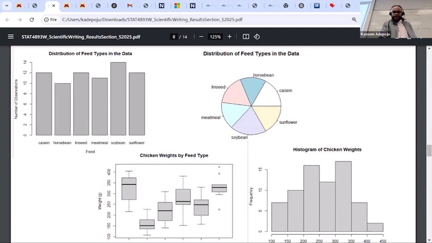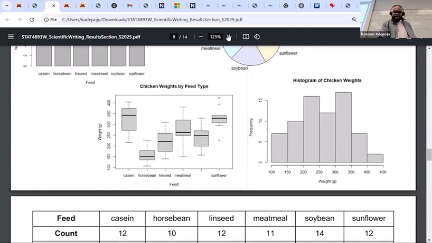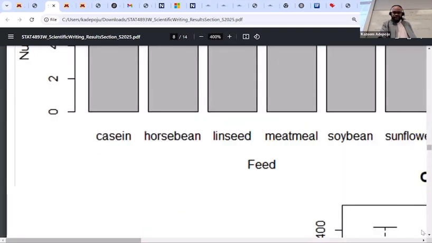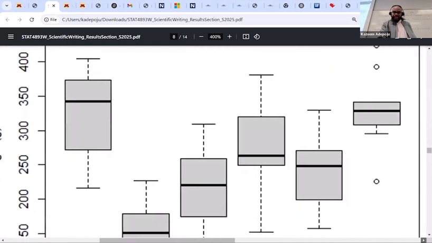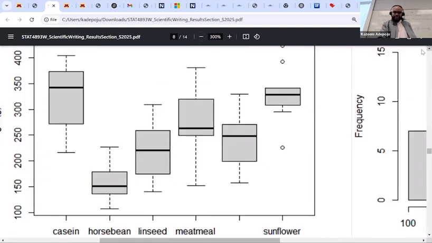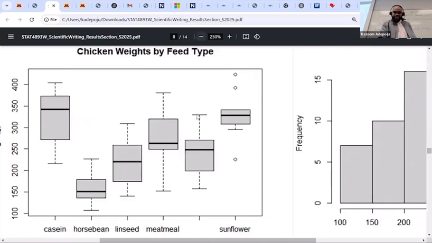Now, if you take a look at this one, that is a comparative box plot. The essence of having this particular box plot is that it gives us the opportunity to see a lot of things. Number one, it lets us compare the mean weight across different types of feed.